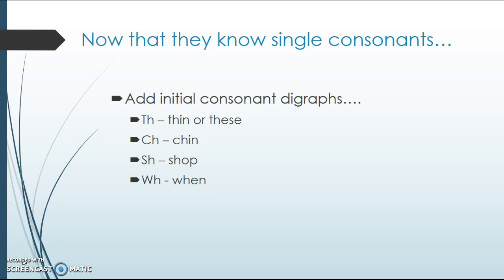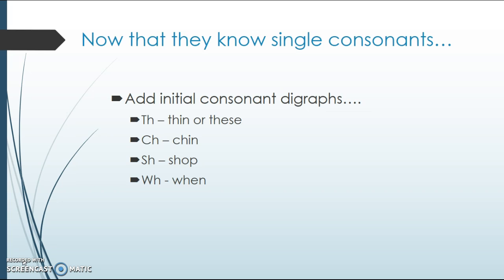At this point, students now know the single consonants and their most common sounds, so we can start adding some combinations. And the first combinations we're going to add are these initial consonant digraphs, such as the TH, as in thin or these. And you'll note that the sound is a little different in those.